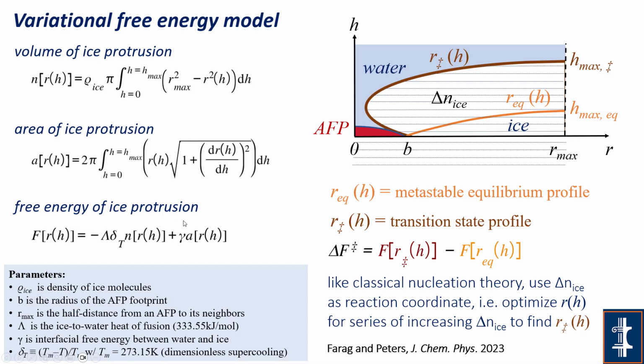So there's a little surface thermodynamics model with a Lagrangian optimization at every stage that allows us to drive the deposition of more and more ice until we reach a transition state where the free energy starts to come down again. So very much like classical nucleation theory, but in this peculiar geometry.